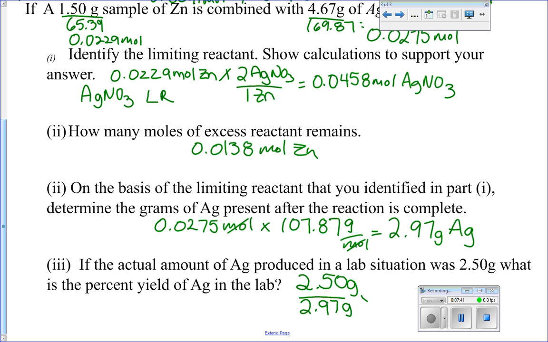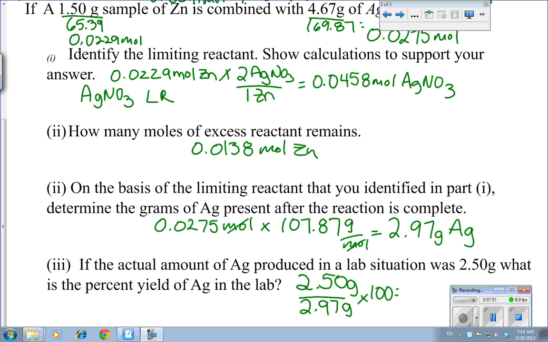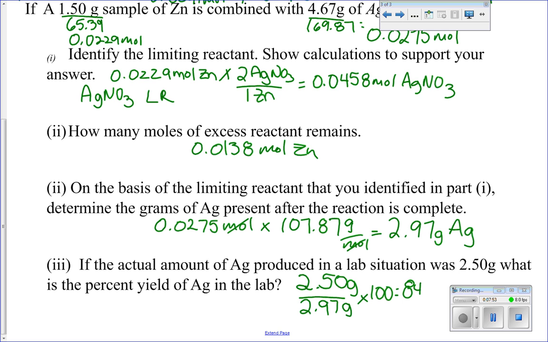It's called percent yield. So I'm going to work that out, and I find out that this was a pretty good lab. It was an 84.2% yield. So again, the formula that we use is our actual yield divided by our theoretical yield times 100. And that is limiting reactants.